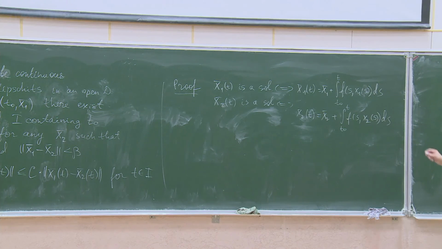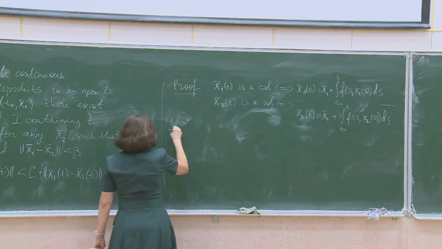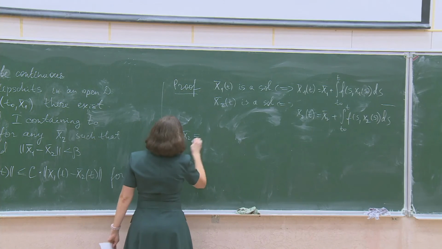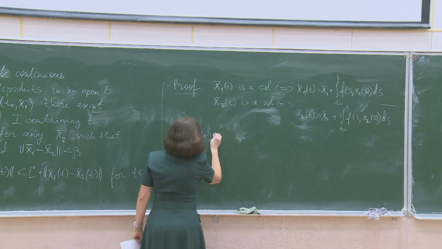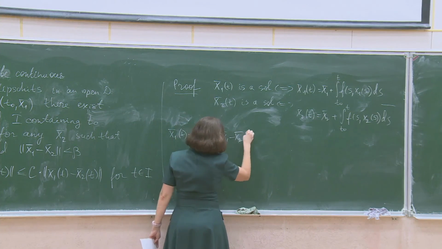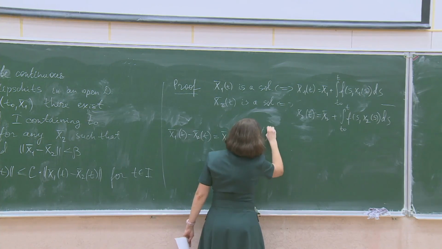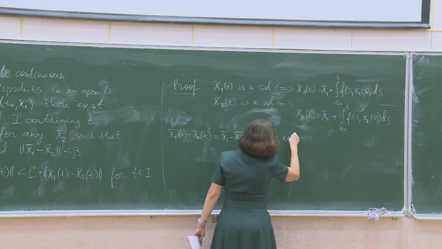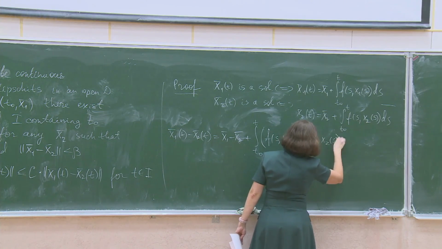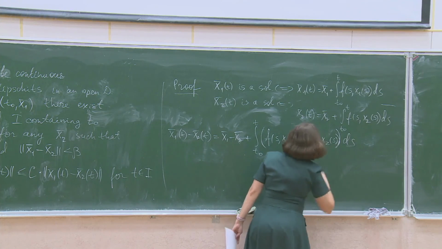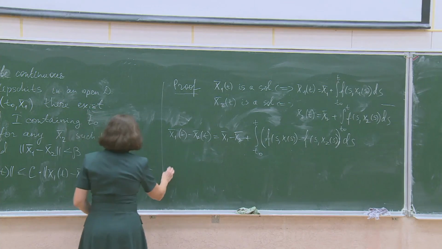Well, then we subtract these two equalities, and we have the following: x1 of t minus x2 of t equals x1 minus x2 plus the integral from t0 to t of f of s, x1 of s minus f of s, x2 of s ds, just by subtracting.